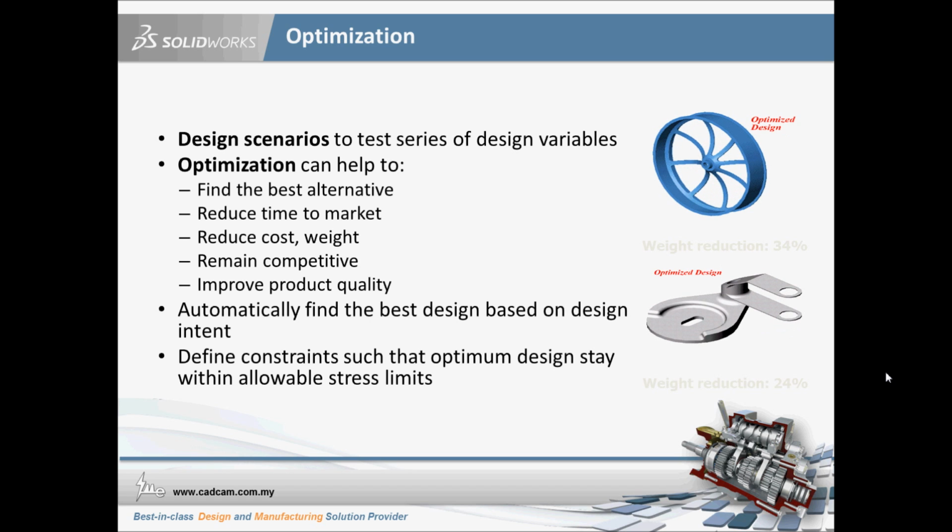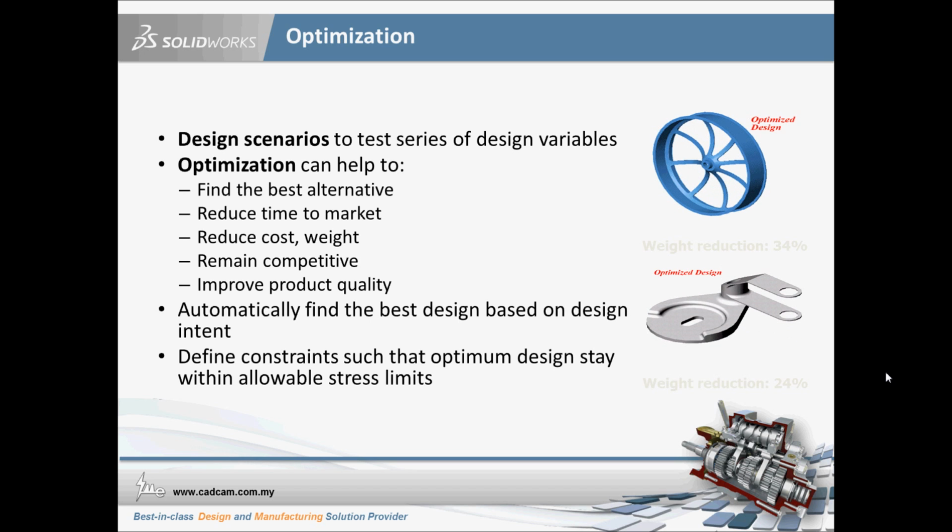The software itself will optimize the design and give us the result that we want. From this image, you can see that the overall percentage of reduction is from 24% to 34%.